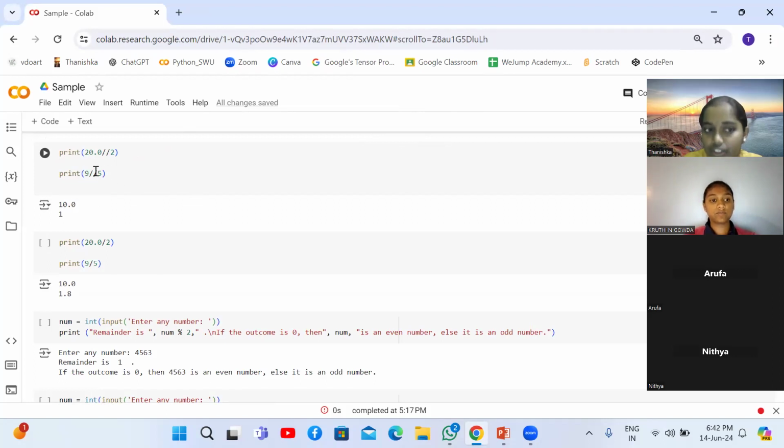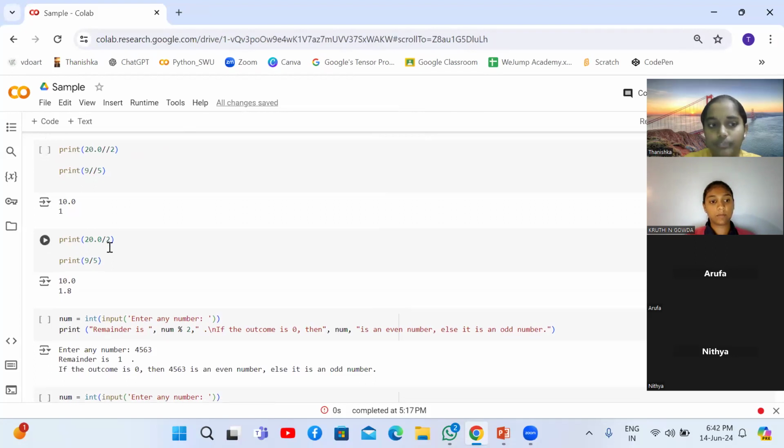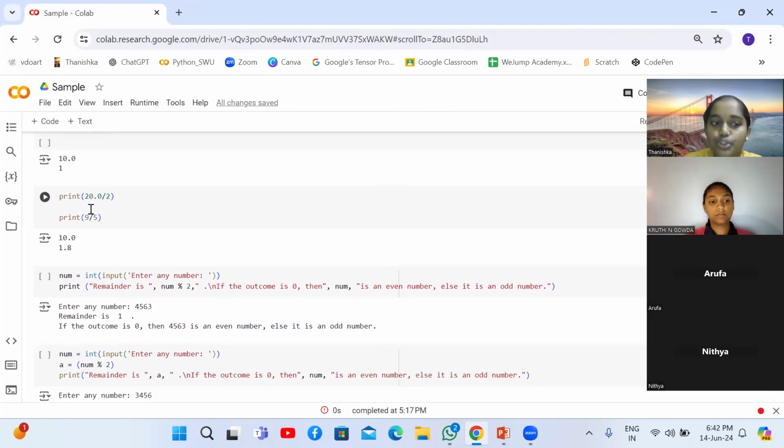Even though when you divide, you will get the decimal point, you didn't get it. So it just estimated to the nearest number and gave the output. But here in float division, if you use the point, or if you didn't use the point, you will be getting the decimal point and the numbers which come after it. Here, 20 and 2 are divisible, right? 2 tens are, but still you got the decimal point.